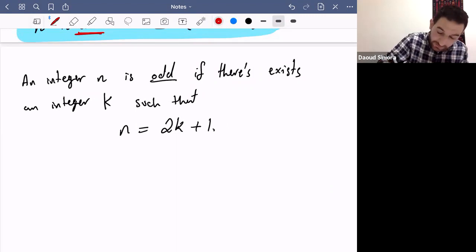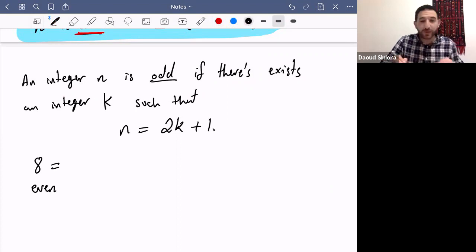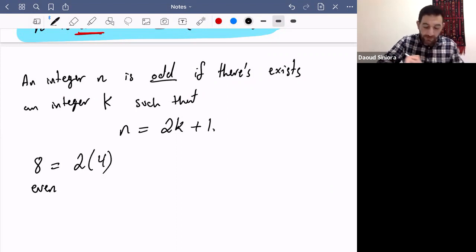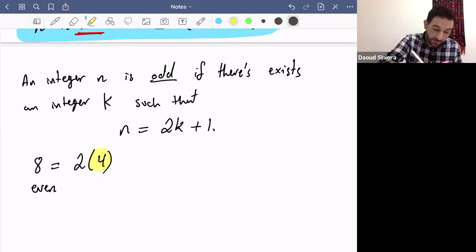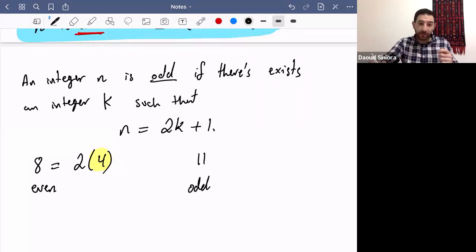Okay, so examples. Why is 8 even? 8 is even because we can find an integer k such that 2k is 8, and this k is 4. If we multiply 4 by 2, we get 8, so 8 is even. Now, why is 11 odd? How to show an integer is odd?